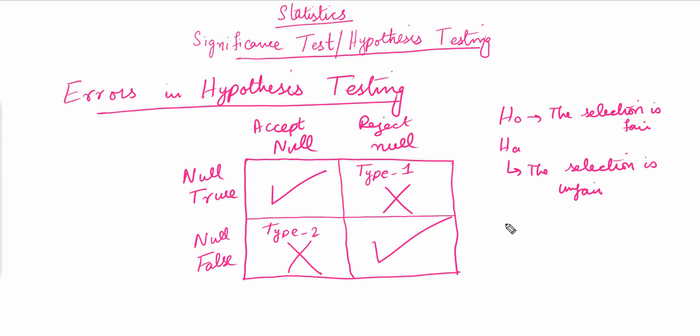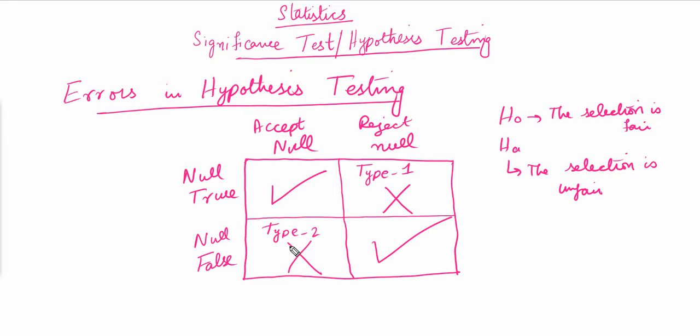So let's suppose the answer was 7% and our significance level was 5%. If we could increase our significance level to 10%, then we could avoid the type 2 error. So in other words, if we reduce the significance level, then we can avoid type 1 error. But if we increase the significance level, we can avoid type 2 error.